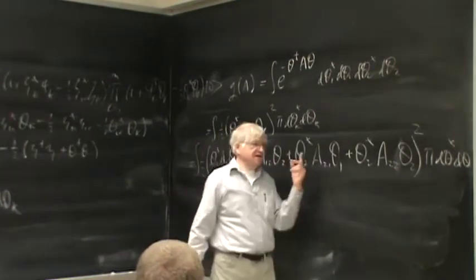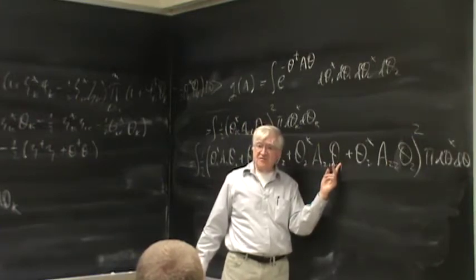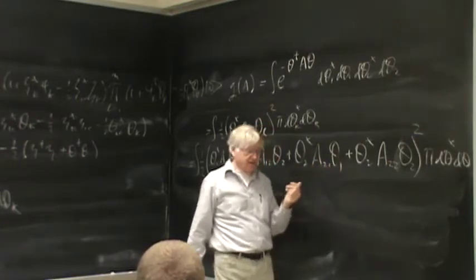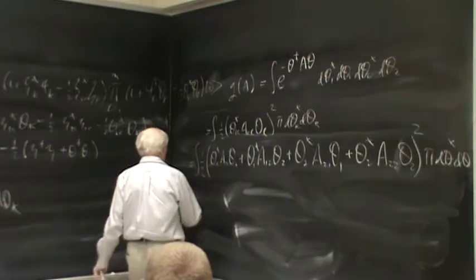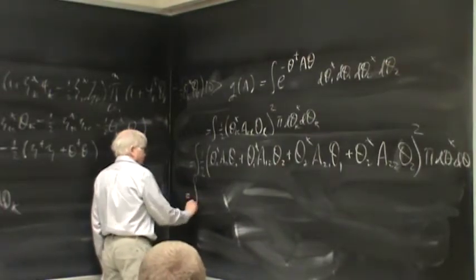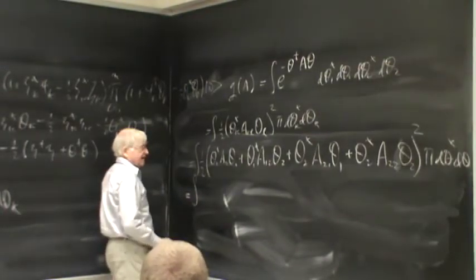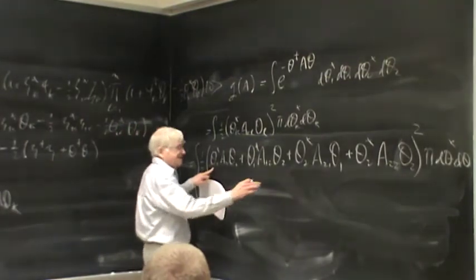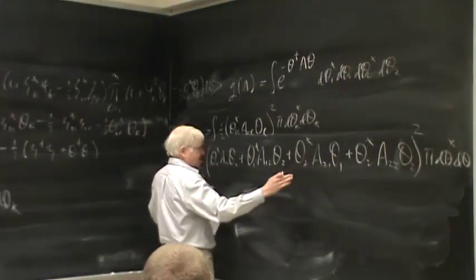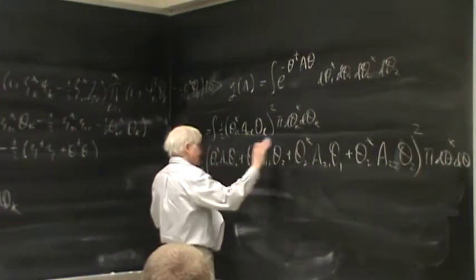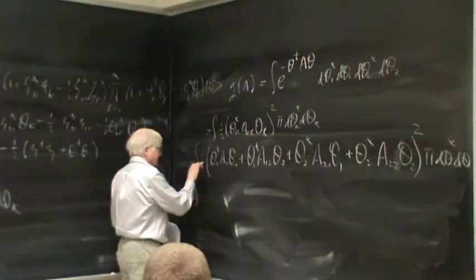Notice these things are quadratic in fermionic variables, so they're effectively bosonic. So we get this times that plus that times this, but we can just cancel the 2.